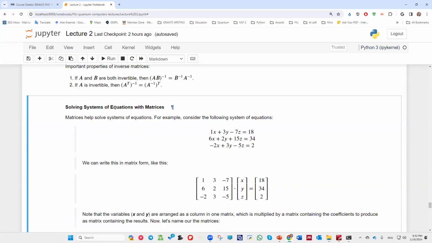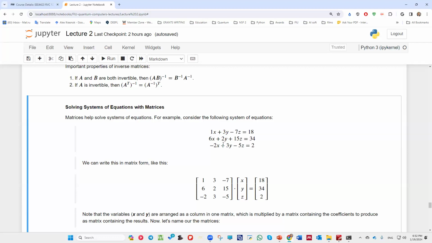Pretty simple. So why do we need inverse matrices? The arithmetic reasoning is that inverse matrices help us to solve systems of linear equations, right? For example, here I wrote some arbitrary linear equations, three equations, three unknowns.